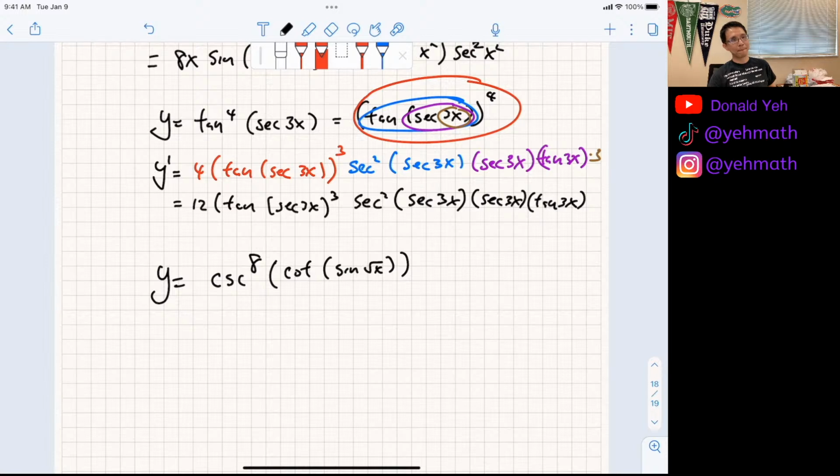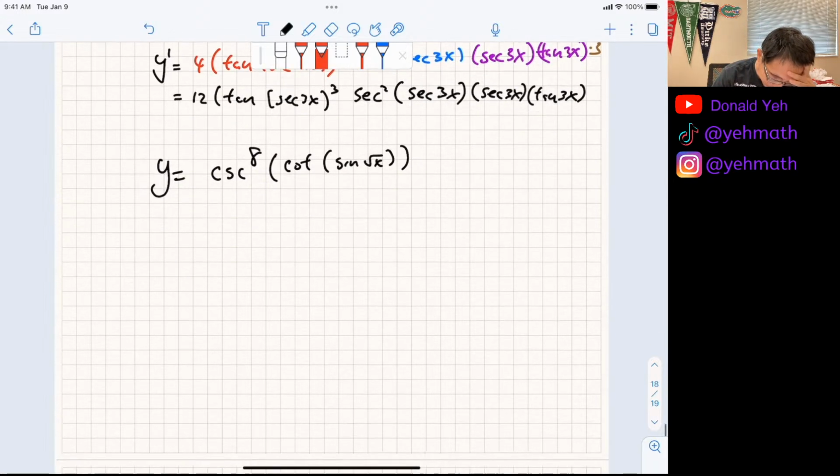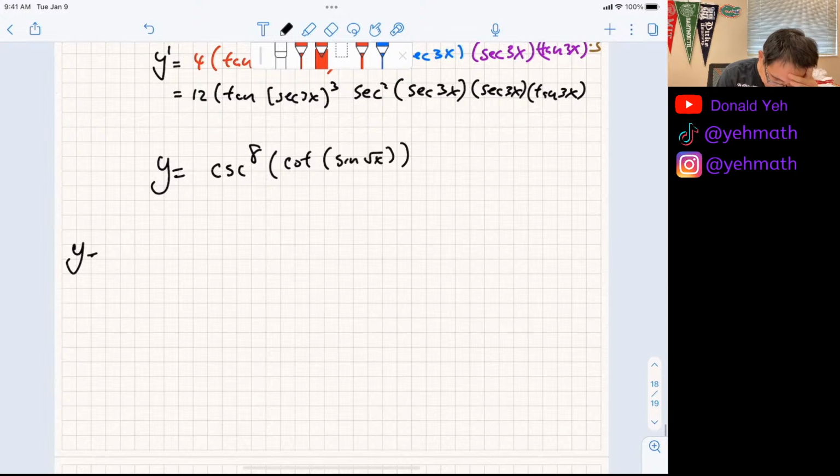How many layers are in this? Way too many. Wait. It's gonna be really long. You just write out everything. Did I forget all this?